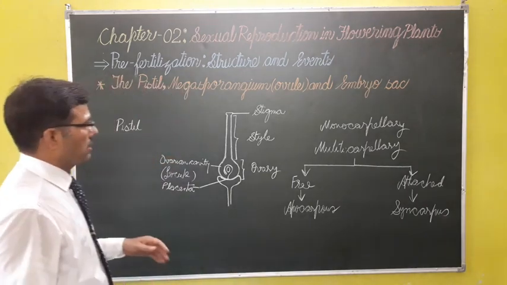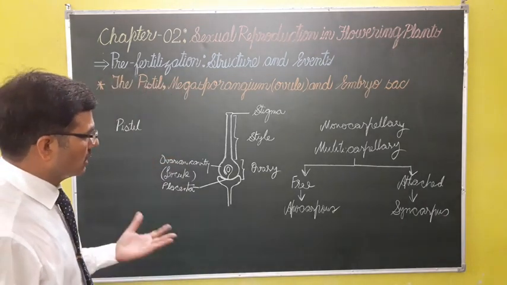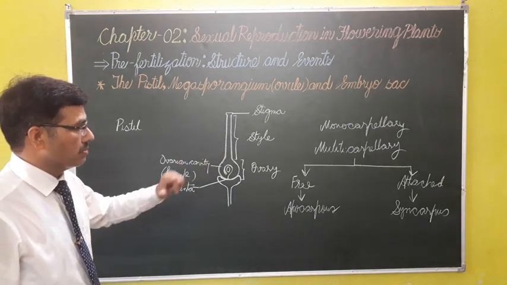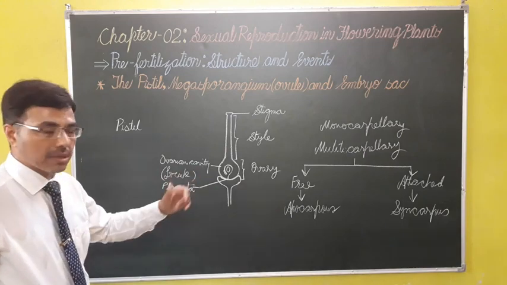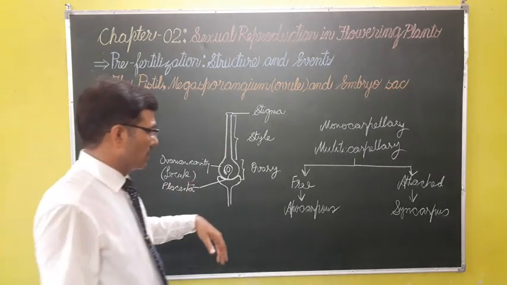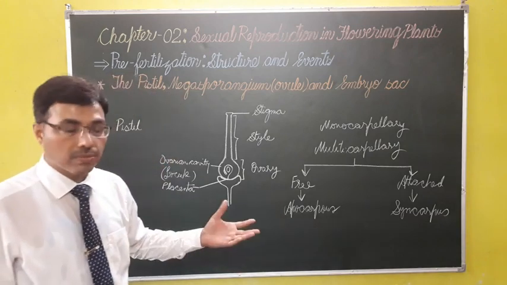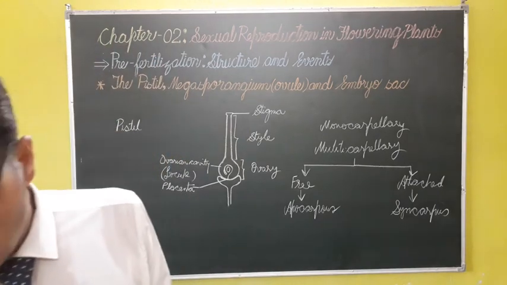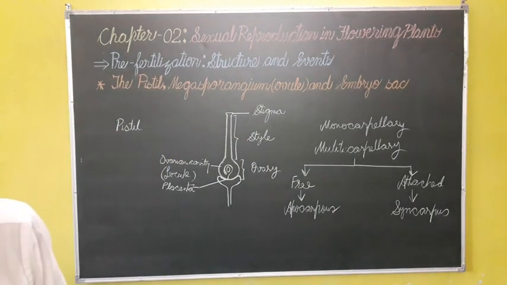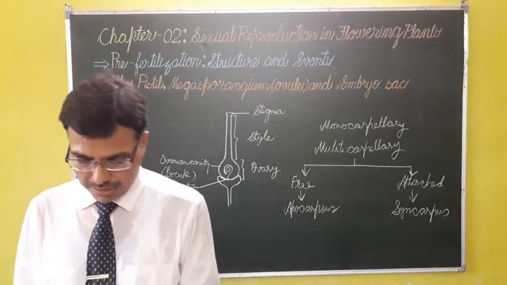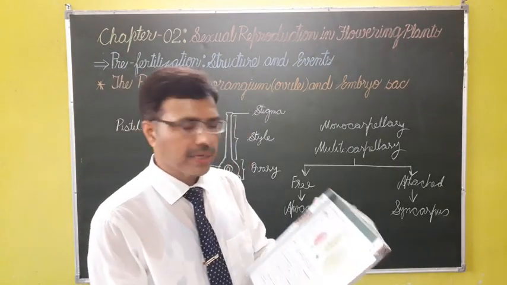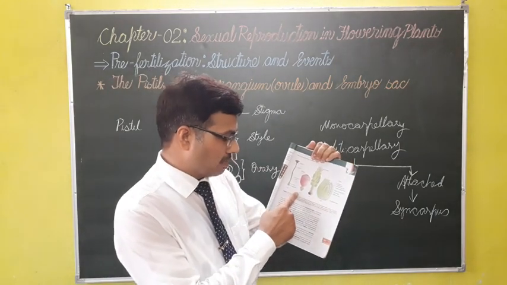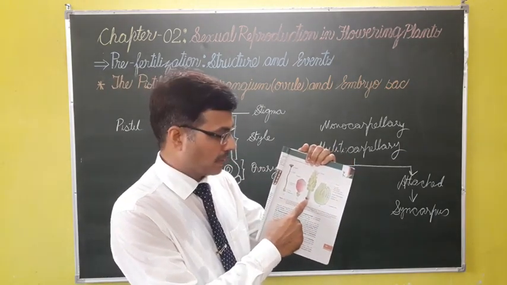You should know what monocarpellary gynoecium means, what multicarpellary gynoecium means, and what apocarpous and syncarpous mean. Now students, in your NCERT book, on page number 25, many diagrams are given. In figure 2.7, part B and part C are given.